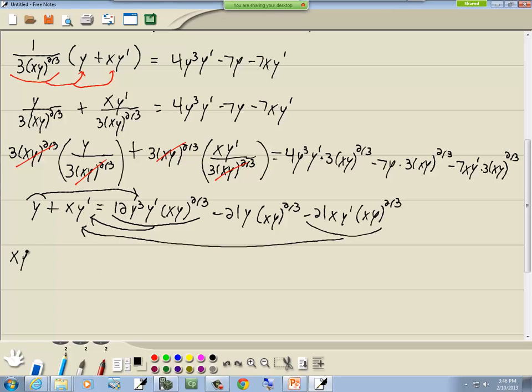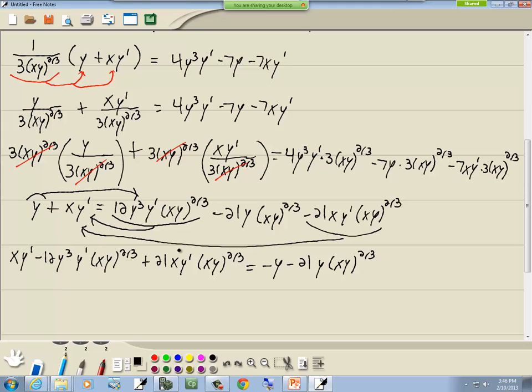So I'm going to have x y prime minus 12 y to the third y prime xy to the 2/3, and this becomes plus 21 x y prime xy to the 2/3 equals, and this stays here, and we'll bring the y over, so we got minus y minus 21y xy to the 2/3. Okay, let me double check everything here as much as I can.